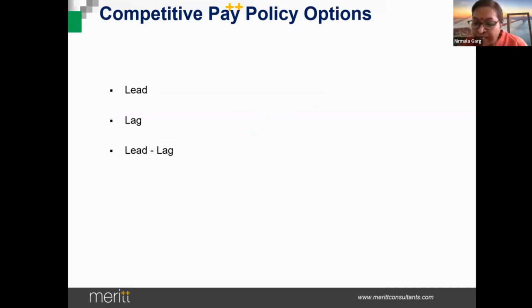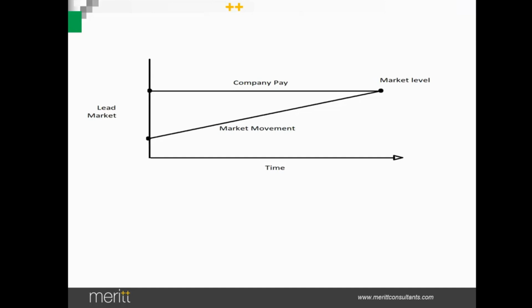Okay. Now, what is lead? Anybody? It means paying above the market. Yeah. So that means I will look at the market, what the market is paying, and market data is always the 50th percentile, that is median data. We'll explain to you what the median data is.